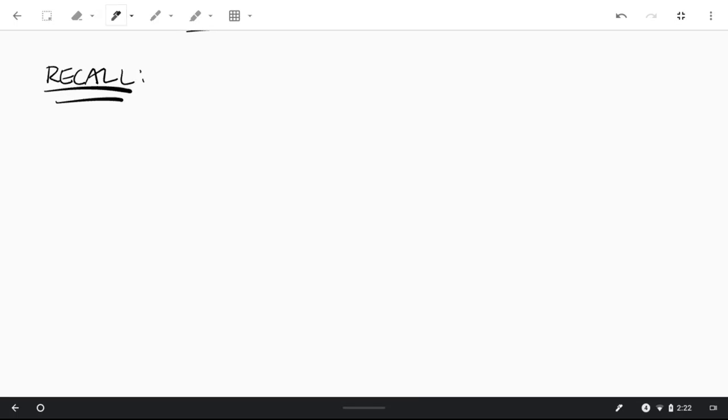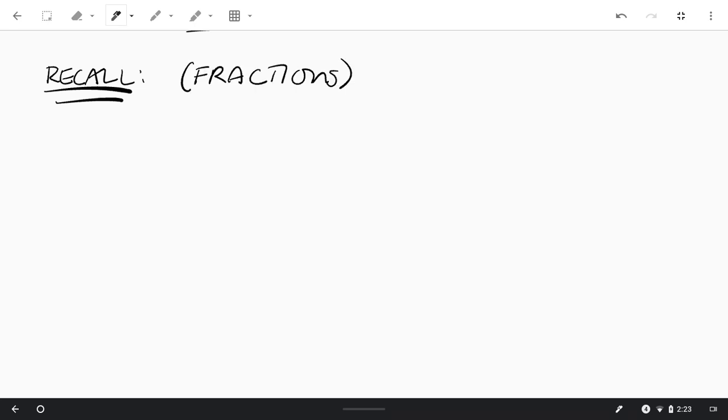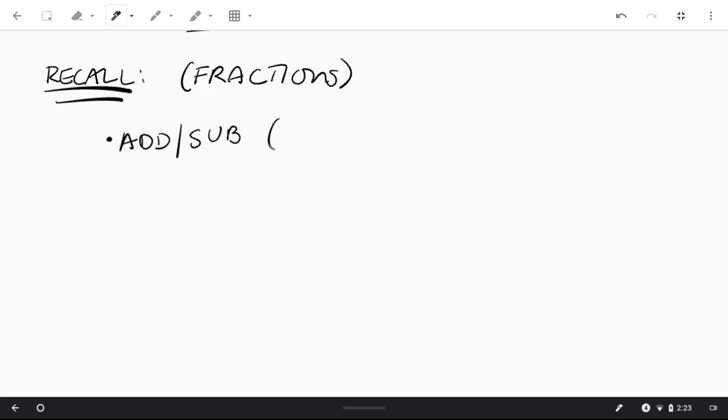All right, so before we get into adding and subtracting rational expressions, let's go back to numerical fractions. So let's recall regular fractions. If you remember when you were adding or subtracting numerical fractions, we needed like denominators.